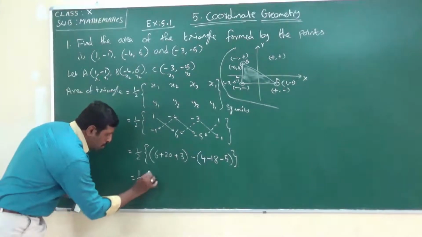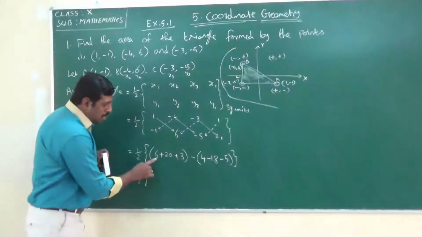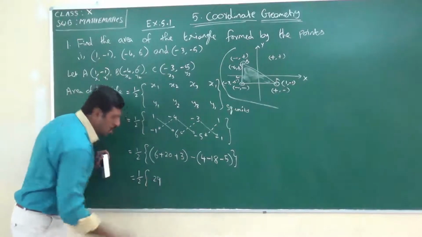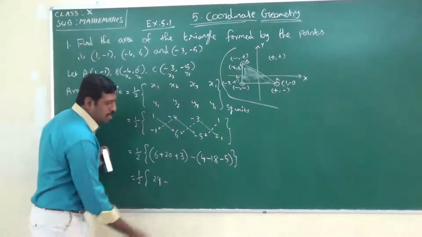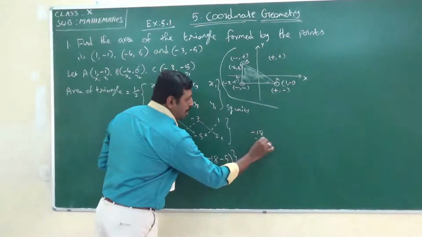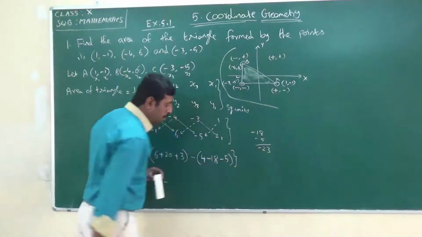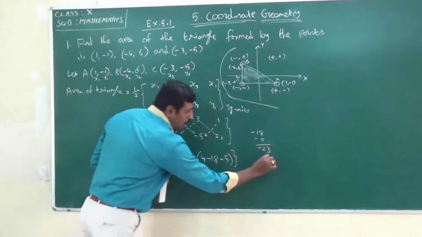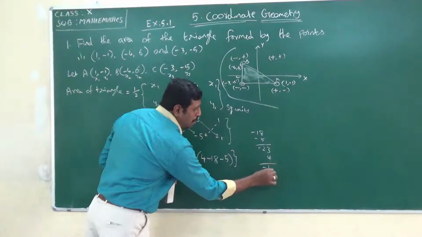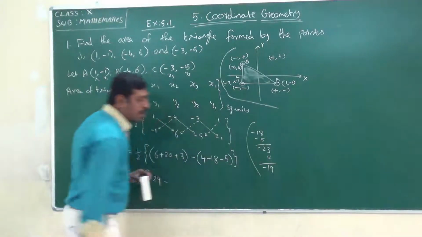This is half into 6 plus 20 is 26, plus 3 is 29, minus, here we have the negative value. So minus 18 minus 5 is minus 23, and you have to add 4. Here we have different symbols, so subtract, and we get minus 19.